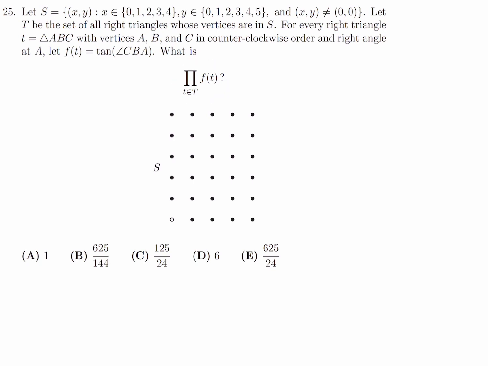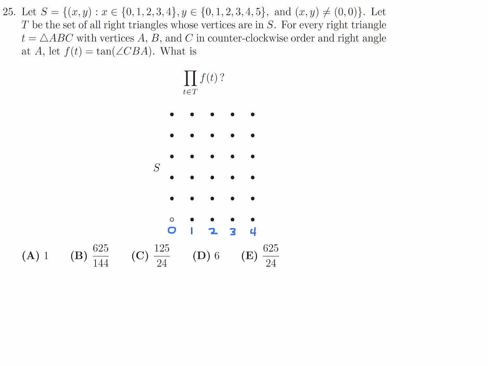All right, so obviously we have to explain what they are talking about here. What they are saying is that you take this grid here, and the grid is labeled 1 through 5 for the y and 1 through 4 for the x. So this is 0, 1, 2, 3, 4.